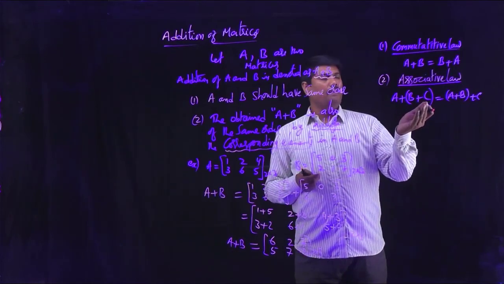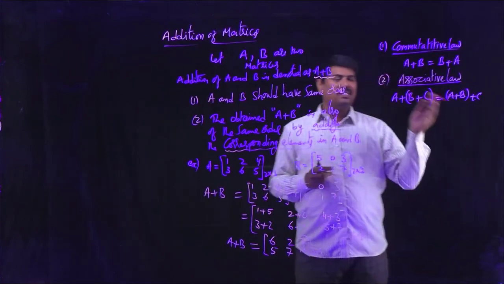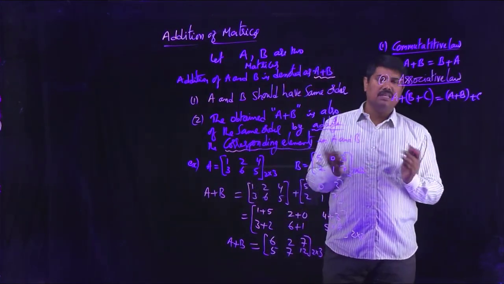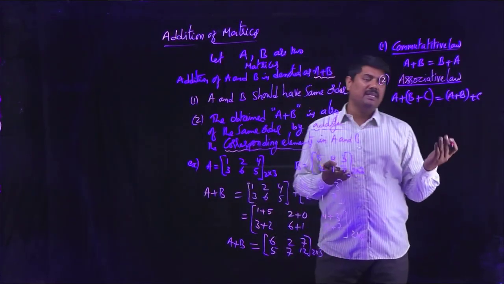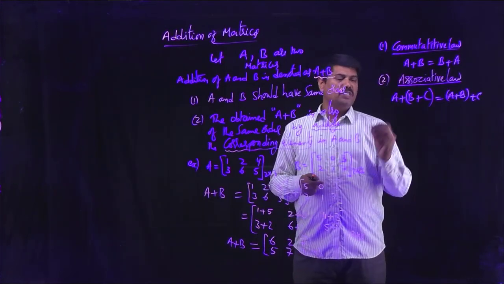First find B plus C, later add to A, or first find A plus B, later add the obtained matrix to C. No problem, you will get the same result. In both ways, for any example, you will get the same answer. So that is said to be the associative law.